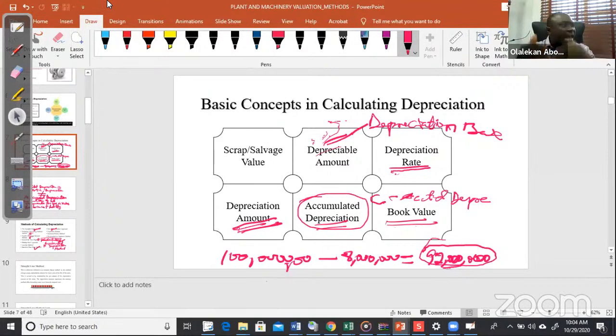At the end of the 10 years, we say that this BRT has exhausted its economic lifespan. There will still be something left over, even if it's not working, or it might be working. In that situation, it can assume the value of a scrap value or a salvage value. But if it is a motor vehicle, most likely it's going to be salvage value.